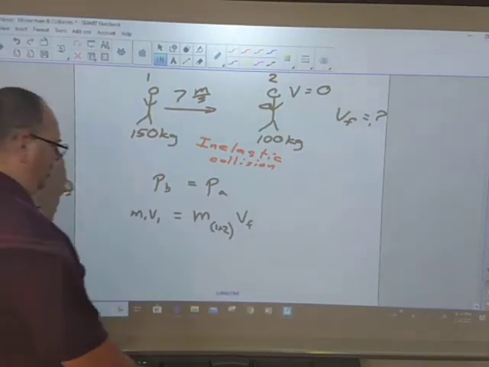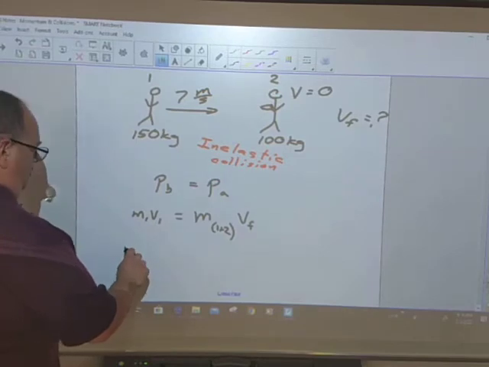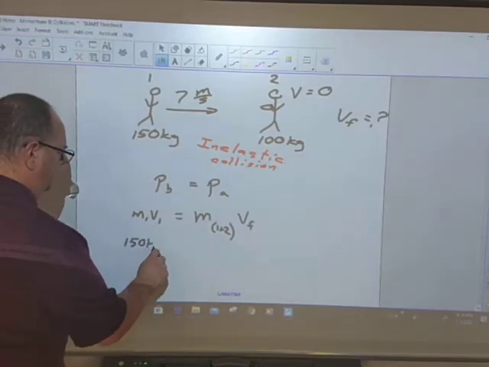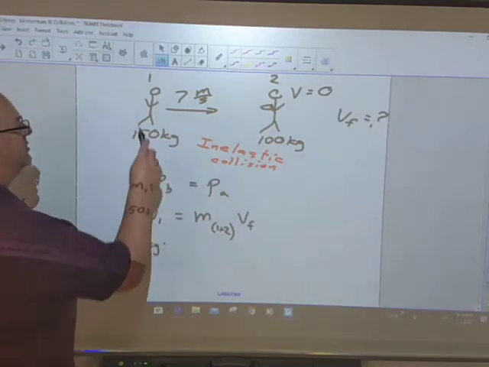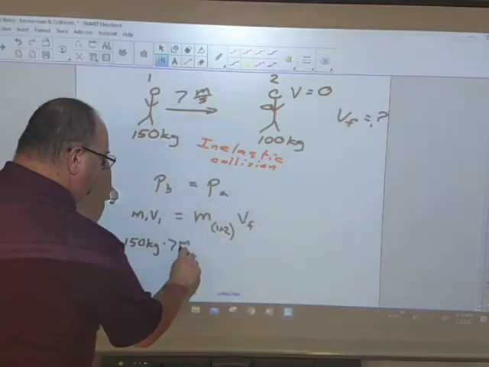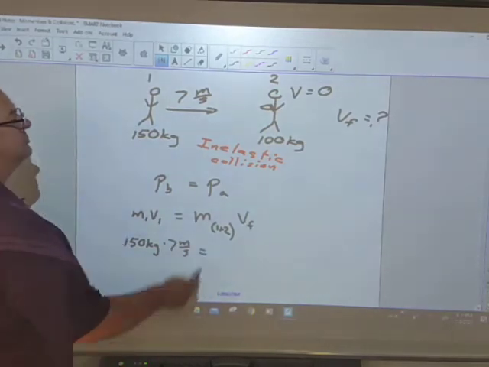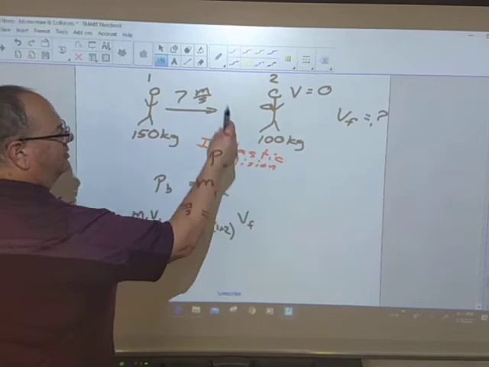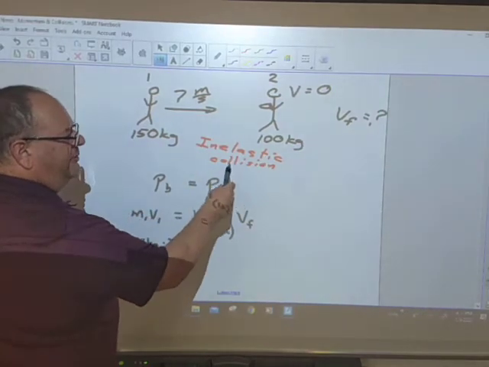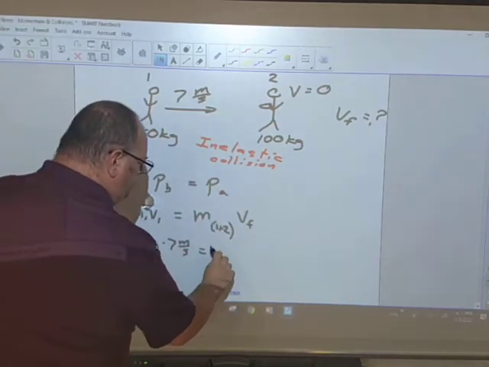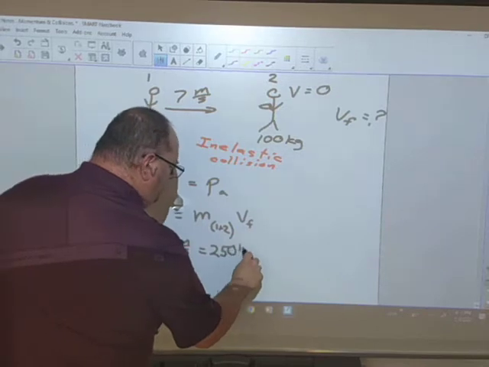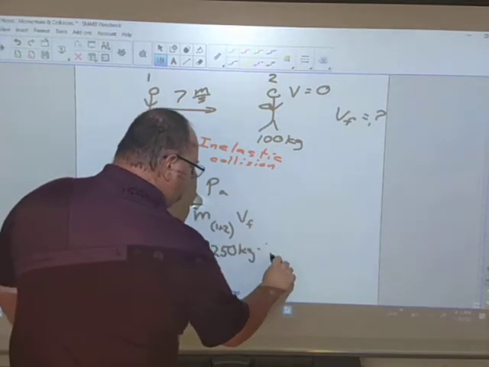Okay, so 150 kilograms times 7 meters per second equals, what's the mass of both together? Hopefully you can do a little bit of mental math. 150 plus 100 is 250. 250 kilograms times VF.